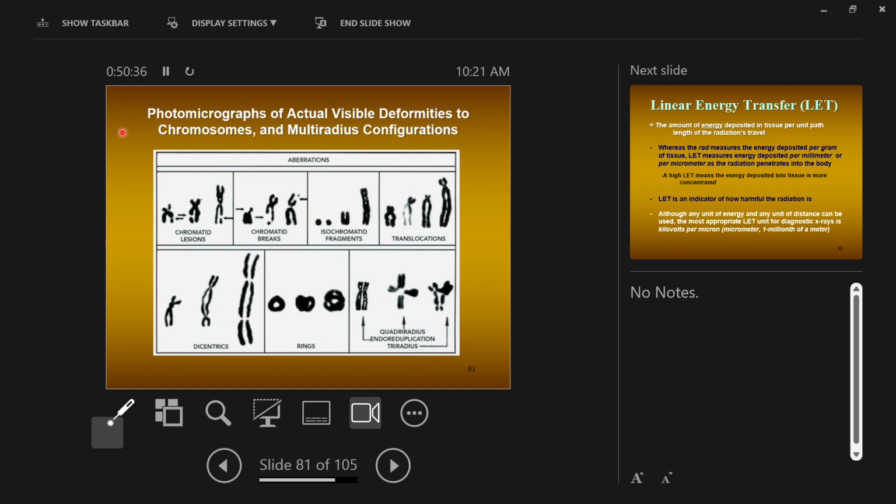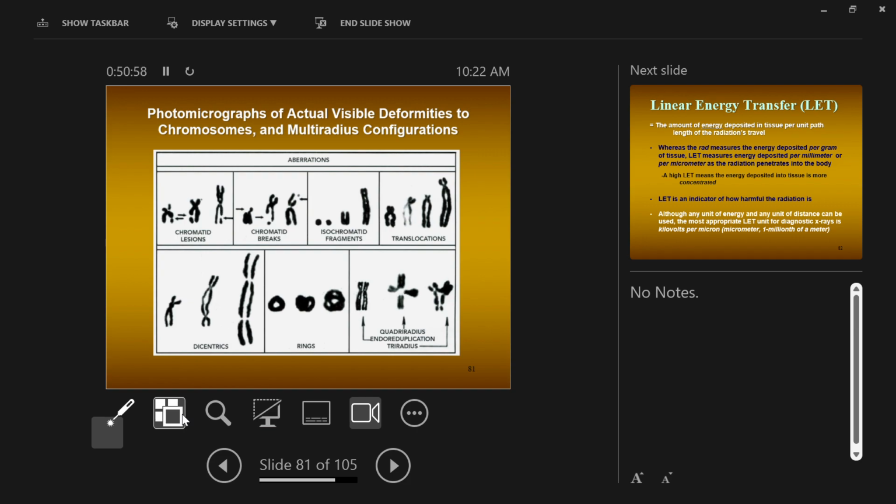Rings, where one chromosome will wrap in on itself. Other interesting things too, like quadriradius, endoreduplication, triradius. Triradius here, these are quadriradius. There's endoreduplication. Lots of big names here, but the point is to show you that chromosomes have a normal appearance.